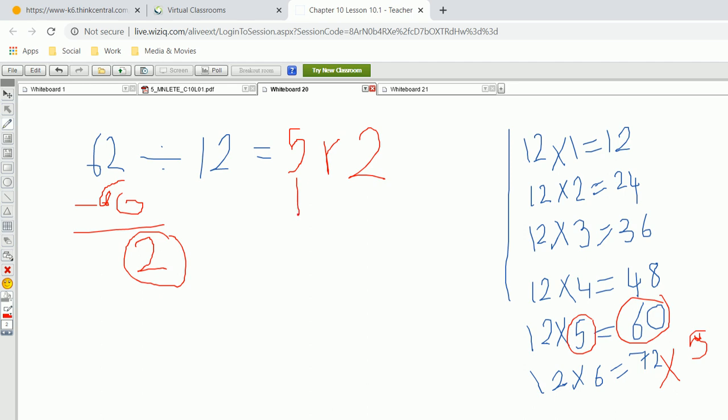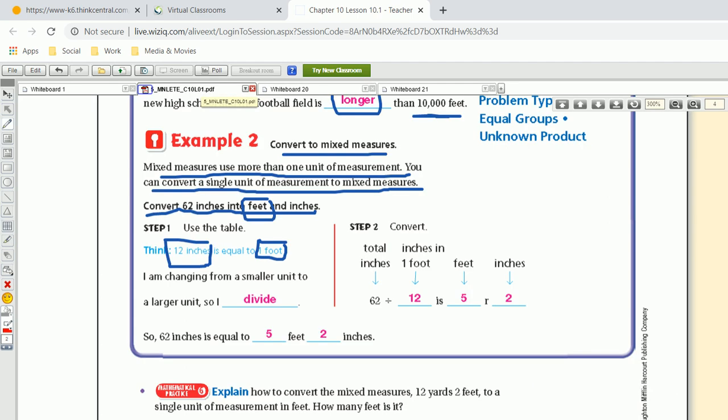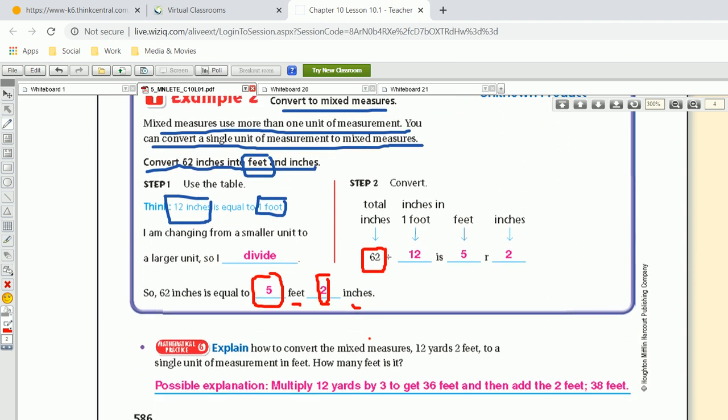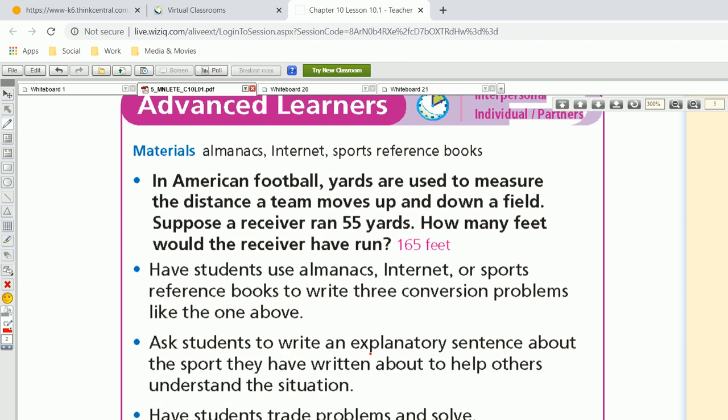So 5 here is feet, so we have 5 feet, and the remainder is 2, which is 2 inches. So there's a different number, which is mixed measures. So 62 inches equals 5 feet and 2 inches. Okay, let's move to the next page.